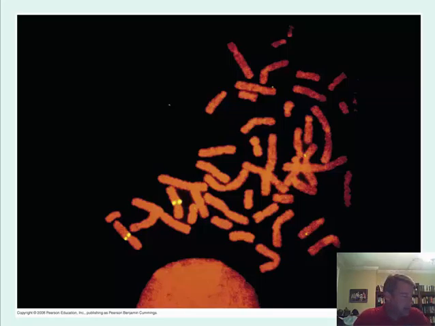Okay, our next podcast is going to go into looking at the basis of inheritance in the molecule of DNA. We can begin by saying DNA makes up our chromosomes. We looked at that when we looked at cell division and the structure of the chromosomes.